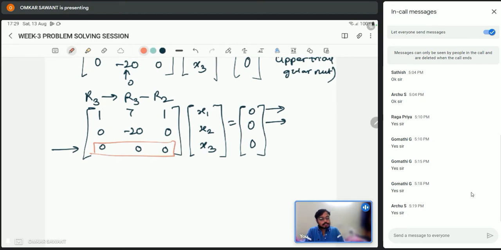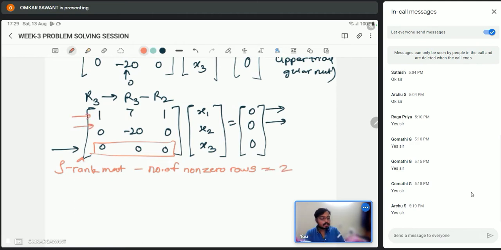So we will get the relation from two equations because we know the rank of this matrix. How do we calculate rank? The rank of a matrix is the number of non-zero rows. How many non-zero rows are there? There are two non-zero rows, this and this.